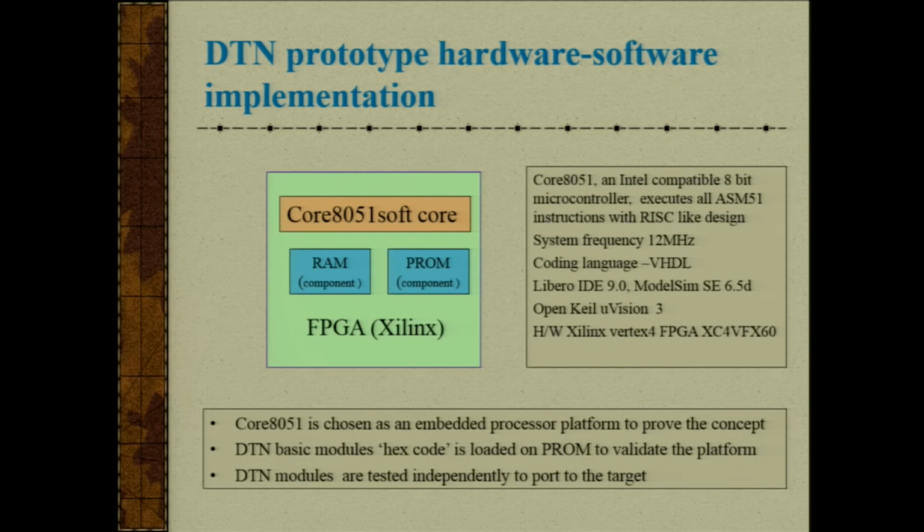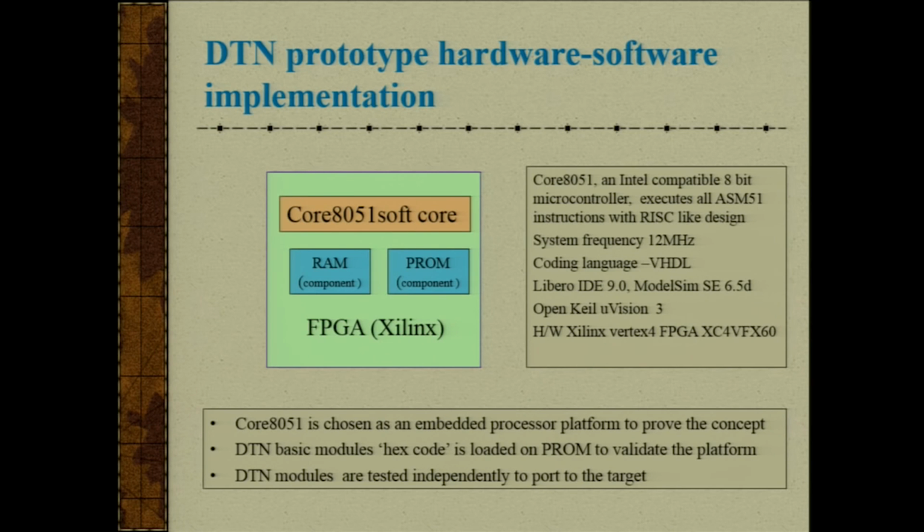This is a second way of implementing it. We call it hardware-software implementation. Here, a platform is built on FPGA with an embedded processor. Core 8051 is chosen as the embedded processor platform to prove the concept. Protocol functionality is built as software.